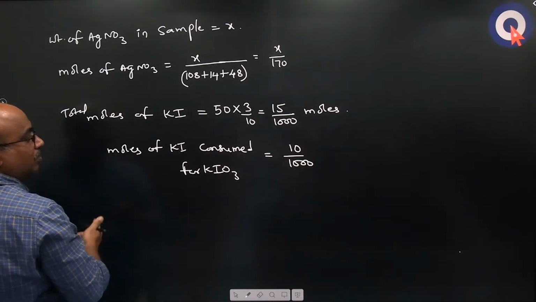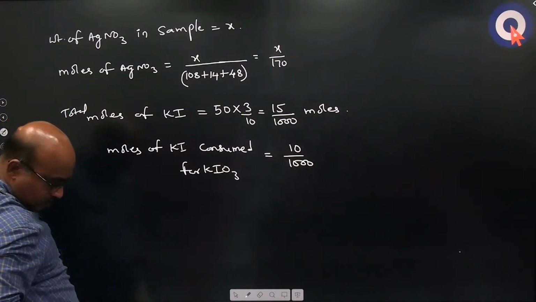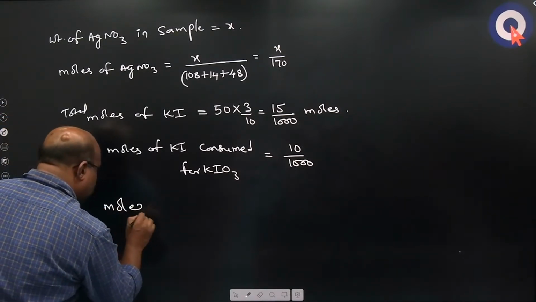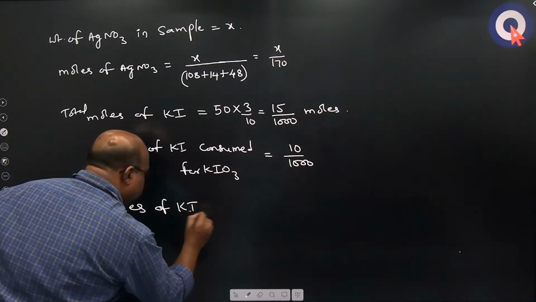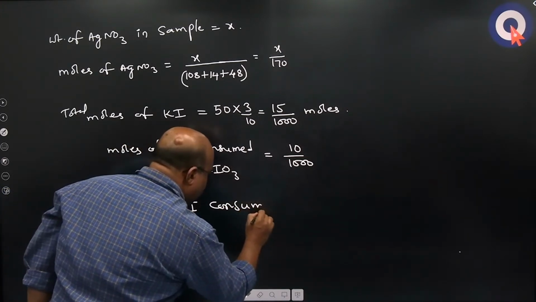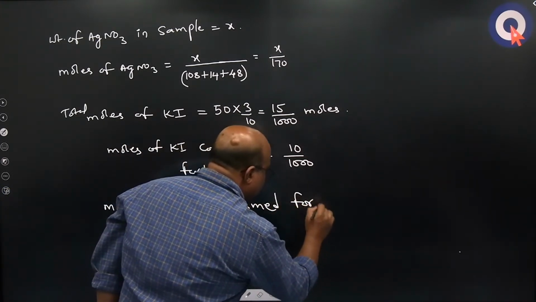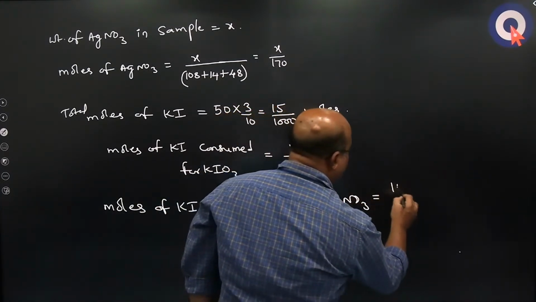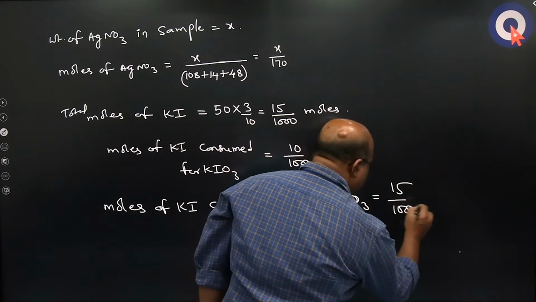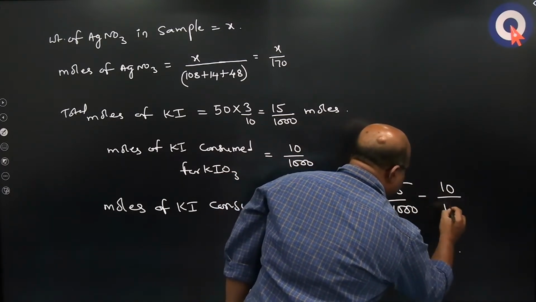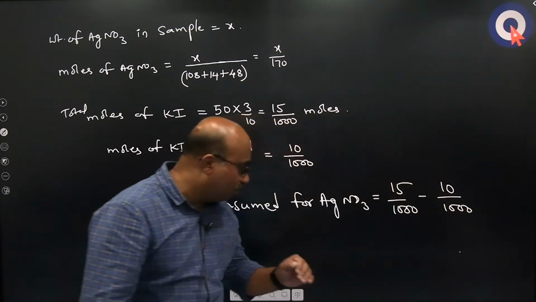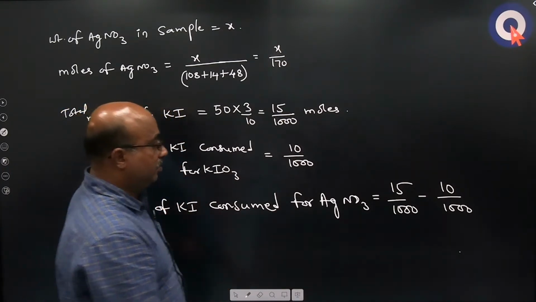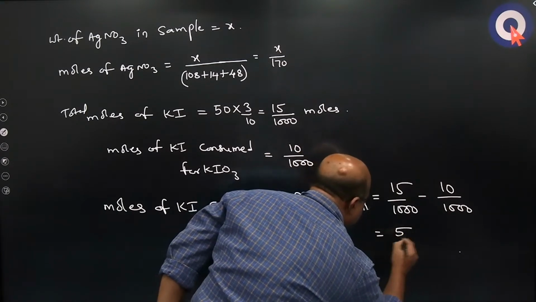So moles of KI consumed for silver nitrate is 15 by 1000, what we added, minus 10 by 1000. That is only consumed for KI silver nitrate. That is 5 by 1000.